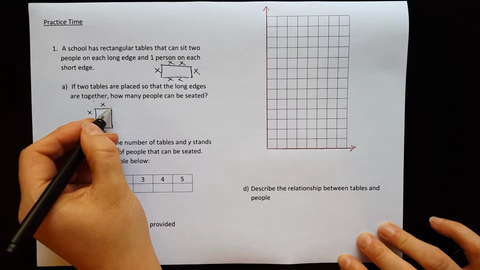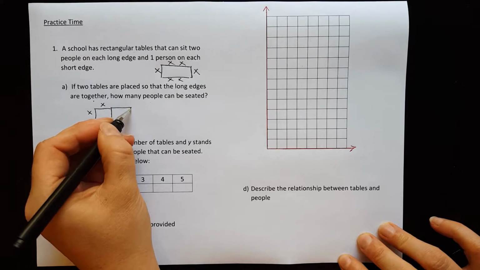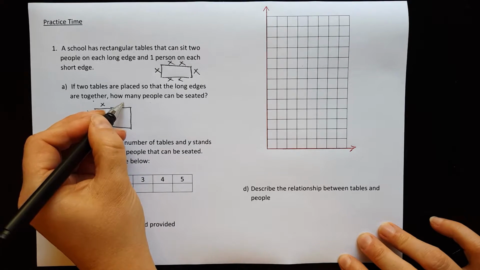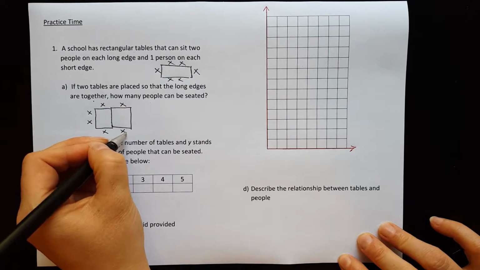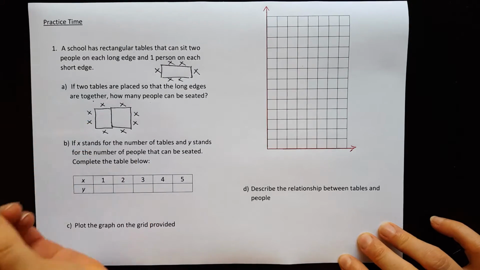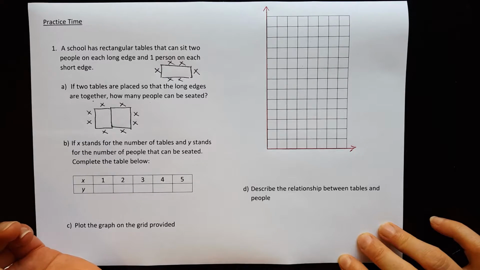But if I join up another table right next to it, again, I can have 1 person there, 1 person there, and 2 people here. But I've lost the 2 people that are there.